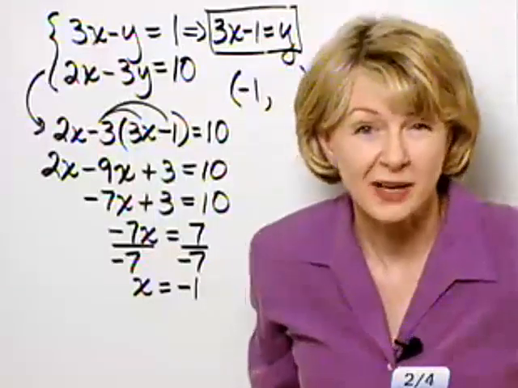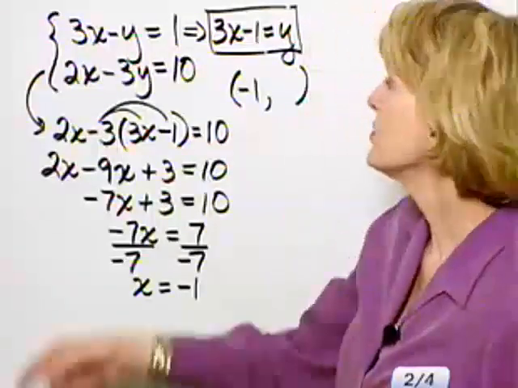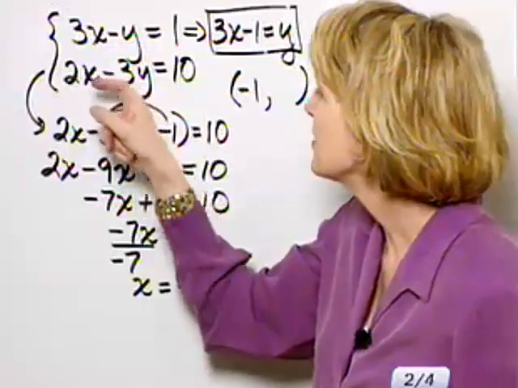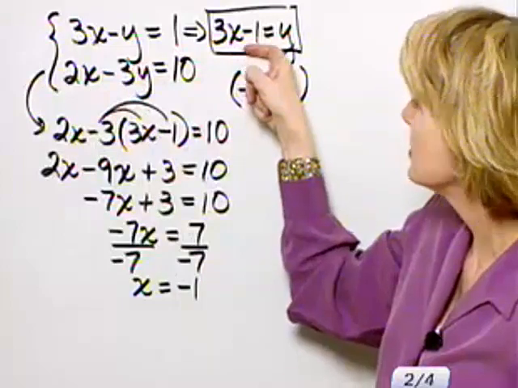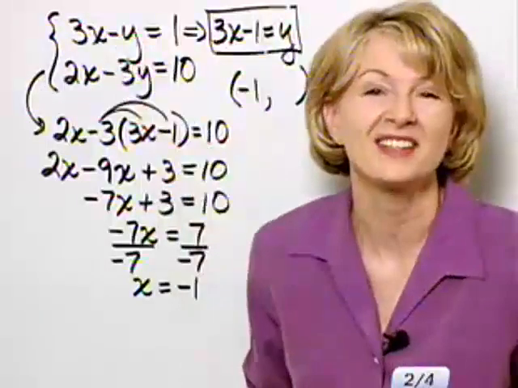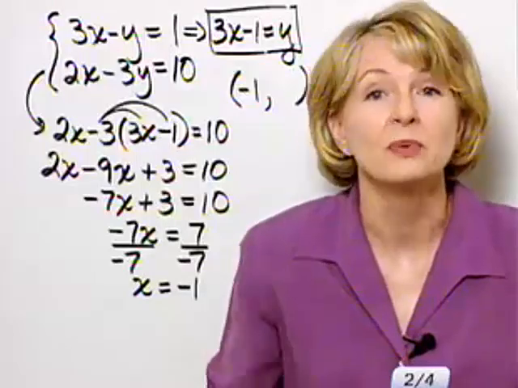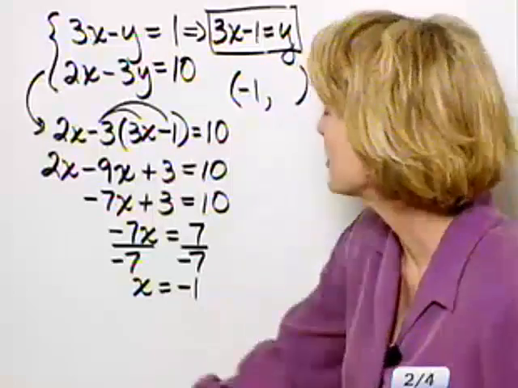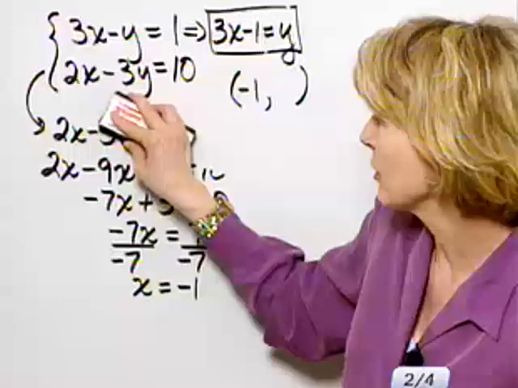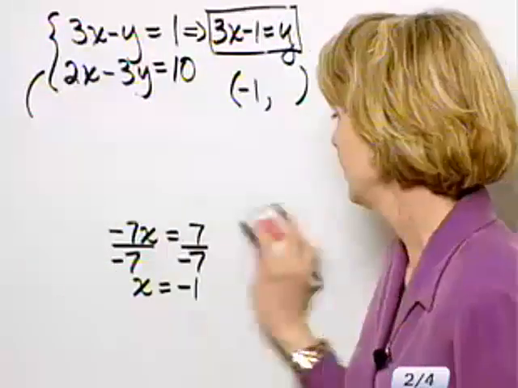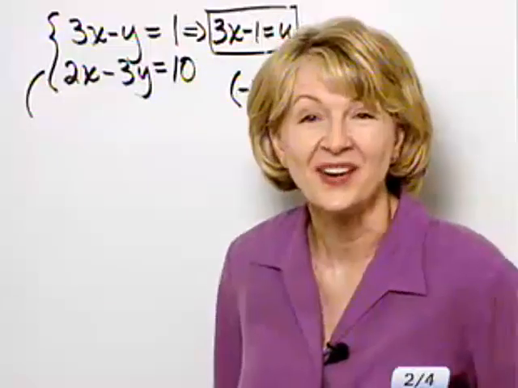How do we find the corresponding y value? You can choose this equation, you can choose this equation, which is equivalent to this one. It is up to you, but choose one of the equations that has both variables in it, and let x be -1.